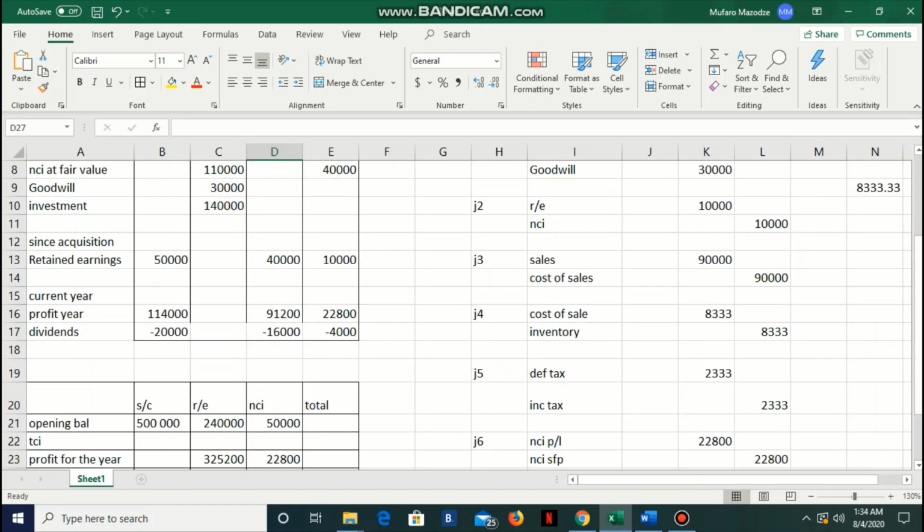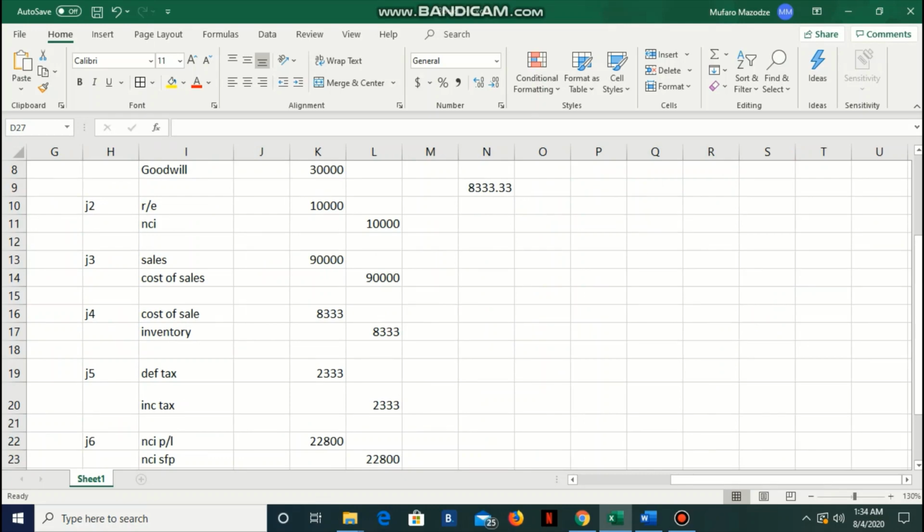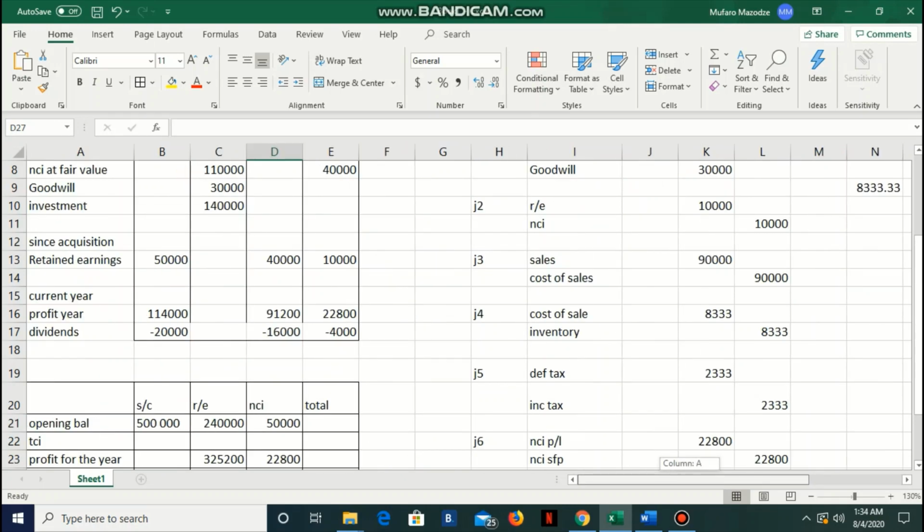This inventory journal actually affects your inventory in your consolidated statement of financial position. So does this deferred tax. It's basically all about this is a credit inventory, so in your SFP you subtract that. This is debit deferred tax, so this is a deferred tax asset.